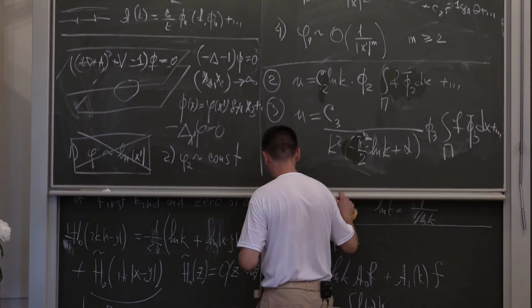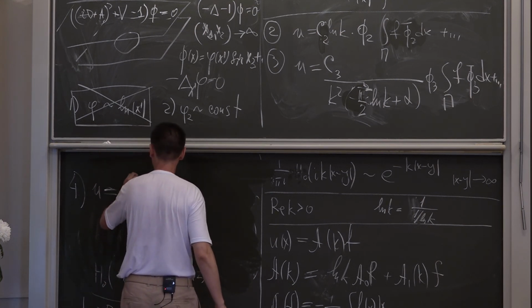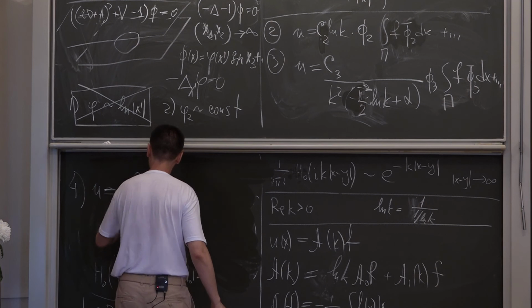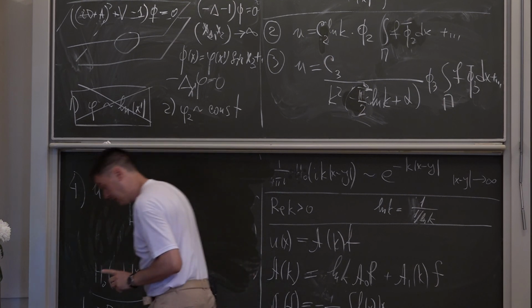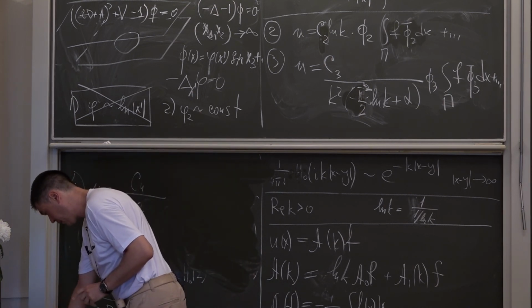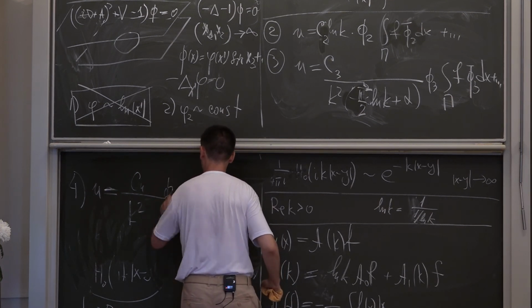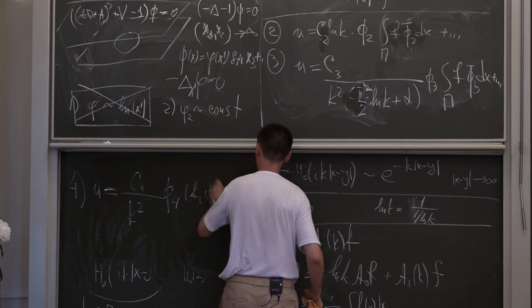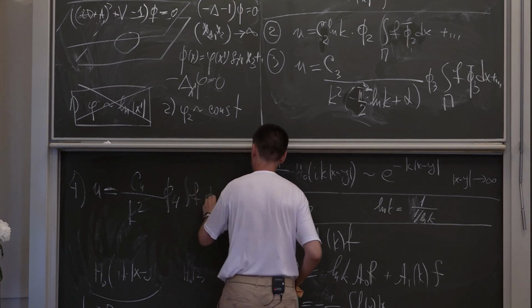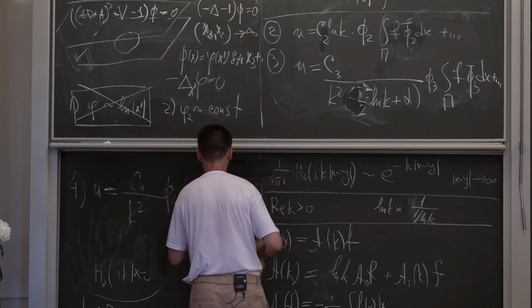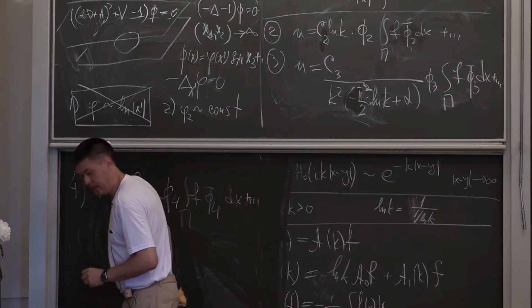And in case 4, u behaves as some constant c4, times 1 over k squared, and that's all. Here will be the integral of phi4 f phi4.